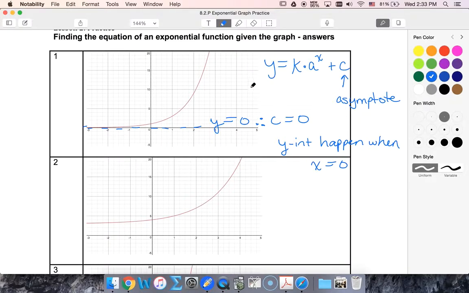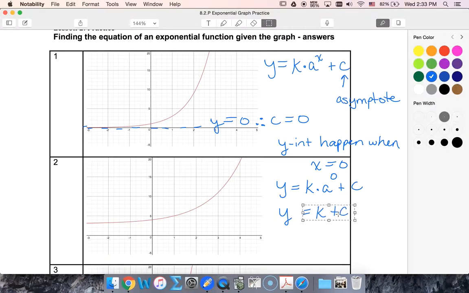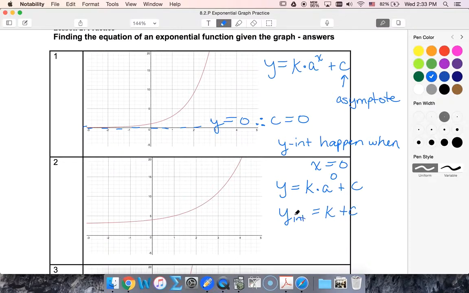So if I come back to my original function, that's going to give me k times a to the 0 plus c. Well, a to the 0, of course, is just 1. So my y-intercept is going to be k plus c. I'm going to drag this over a little bit so that we can label this as the y-intercept.